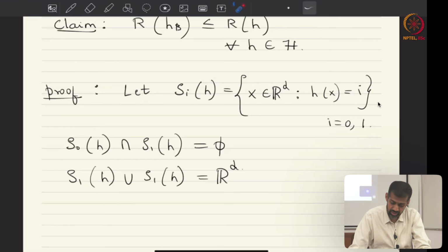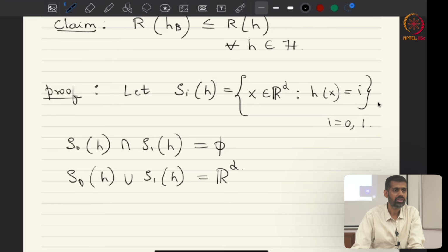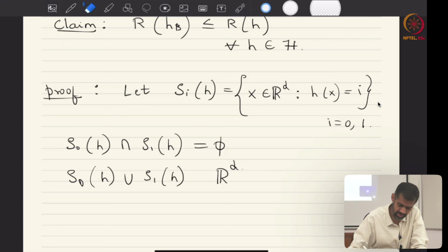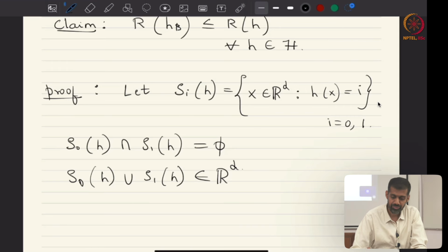Here, this should be 0. Subset of R^d, yes, correct. The union will be in R^d. Intersection is null. So this is how I partition R^d into two parts.